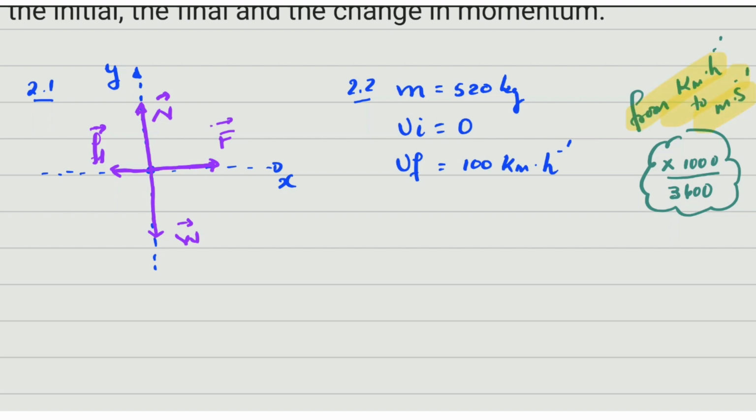It's also done in previous grades. Now, when you do that, you will get 27.78 meters per second. That is the conversion. We have the time, which is equal to 5 seconds, and they are asking you to calculate the net force. They ask you to calculate the magnitude of the net force.